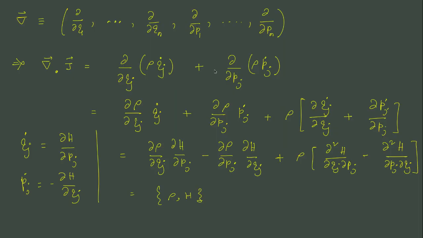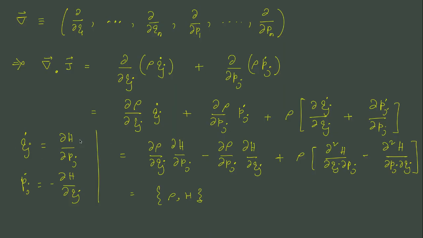Now we must remember that there is a sum over j. We are using the summation convention for repeated indices: in this case, j means there is a sum over j, and the sum is from 1 to n, of course. Now carrying out the partial derivative, we have del rho del qj times the velocity qj dot, and similarly we have rho del qj dot del qj, and corresponding terms coming from the momentum.